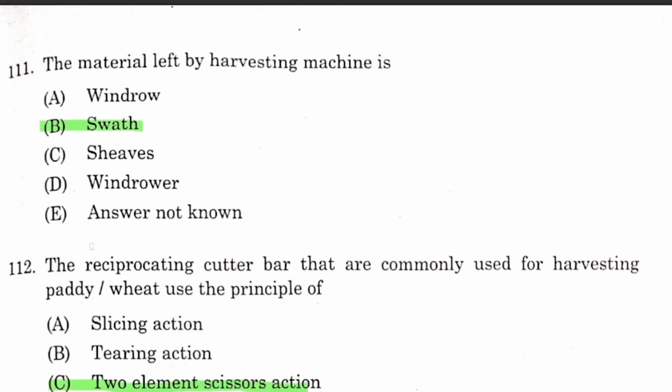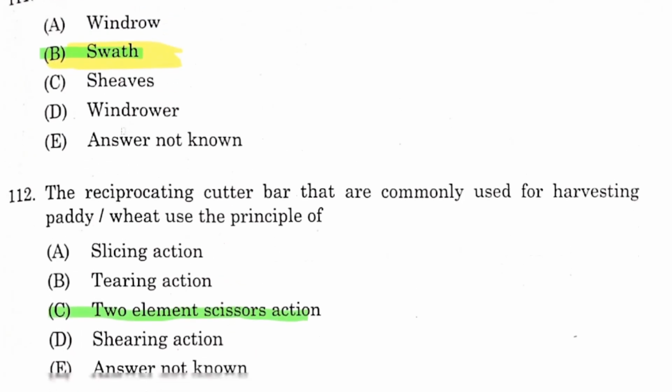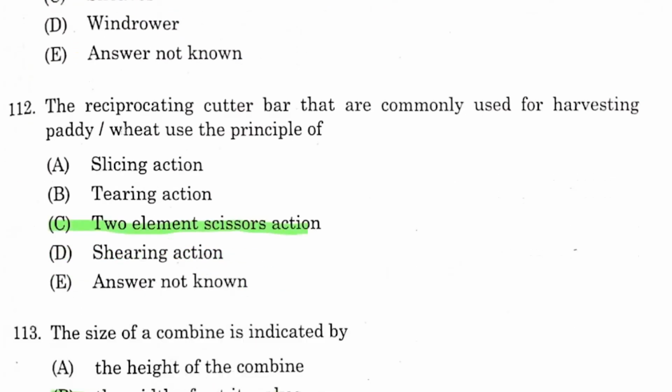Next question number 111. It is the material left by the harvesting machine. So after harvesting, straw is remaining. So option number B is correct. 112.